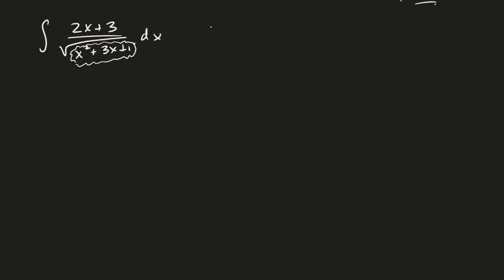So what happens if I let u be equal to x squared plus 3x plus 1? Can I find my differentials for my substitution? Right, so du over dx, or just du, is going to be 2x plus 3 dx. And of course you'll notice what's sitting in your integral. Yes, 2x plus 3 dx.